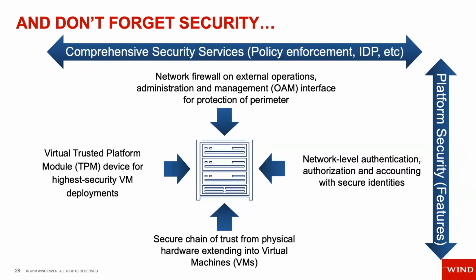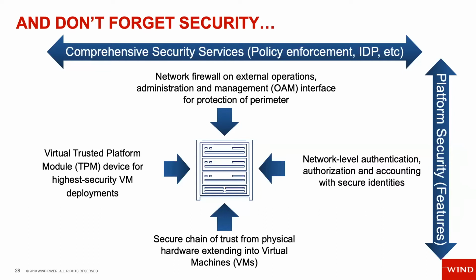You have to look at security through the platform with technologies or capabilities such as trusted platform management and network authentication, authorization, and those types of capabilities. And then you want to look at it from the top down, or the network in, with capabilities such as firewalls and other operational and management capabilities.